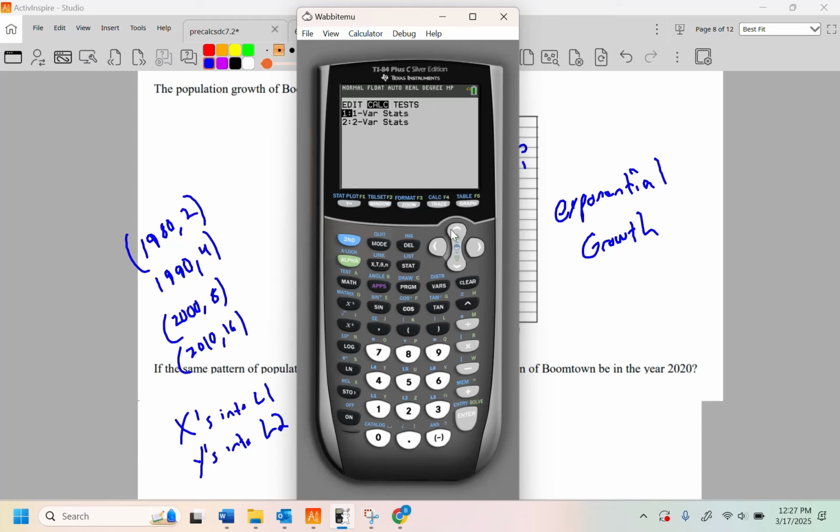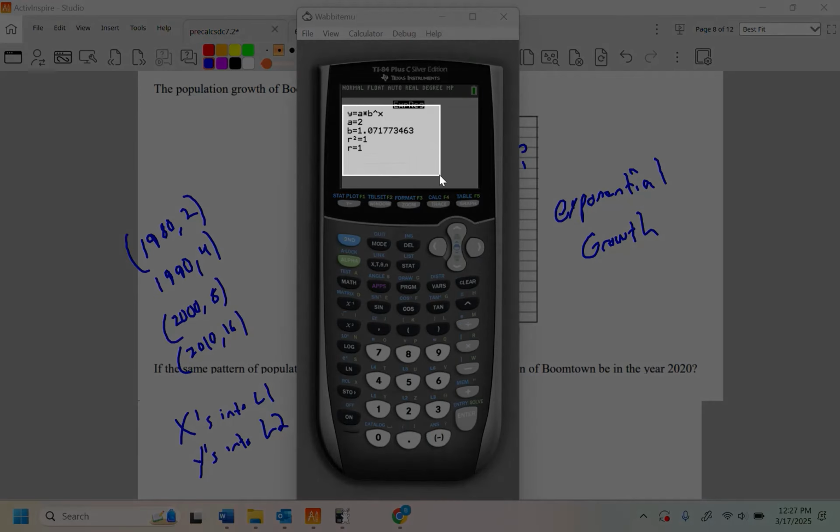So stat, calc, exponential regression. And I'll get better looking numbers this time. I didn't have to do that, but the equation's a whole lot easier to write, isn't it? So think about little things like that. Here's my equation.